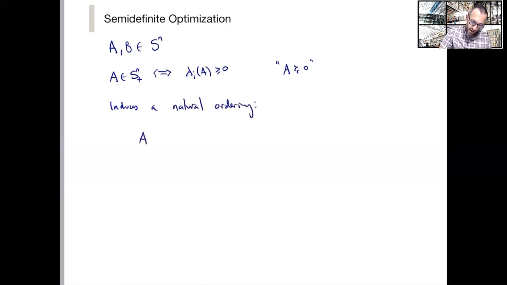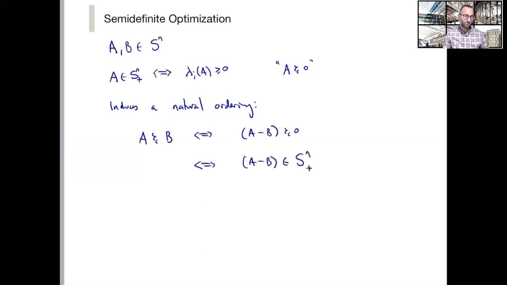So we can say that A is bigger than B exactly if A minus B is bigger than 0, and now we know what that means. In other words, exactly if A minus B is an element of S_n plus. It has non-negative eigenvalues.